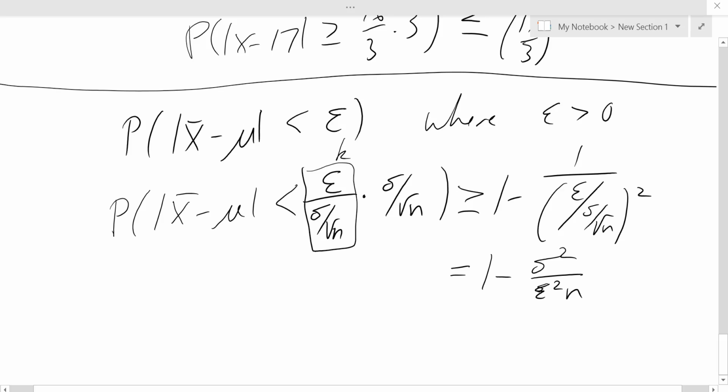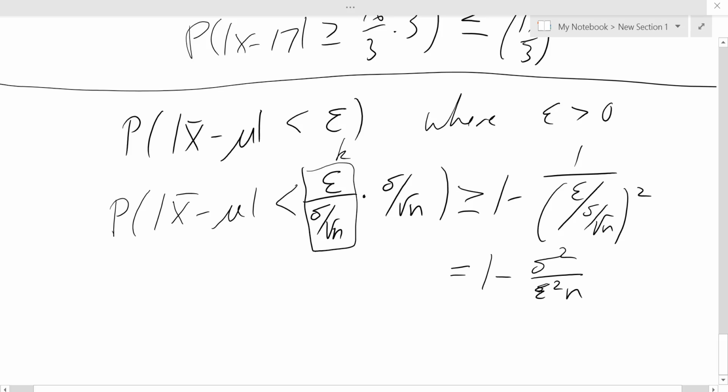No matter how small I make my epsilon, so basically what I'm saying is no matter how close I say I want the sample mean to be to the population mean, I can take my n big enough and make this go to 0, can't I?